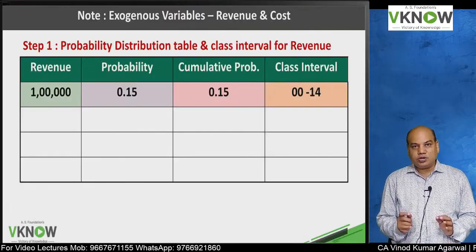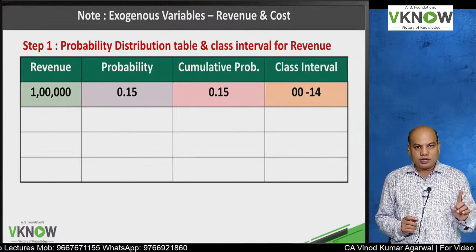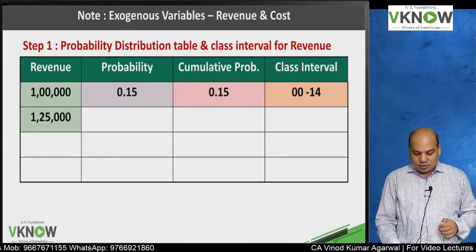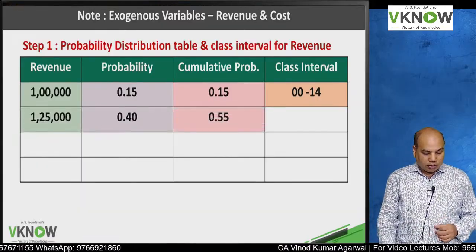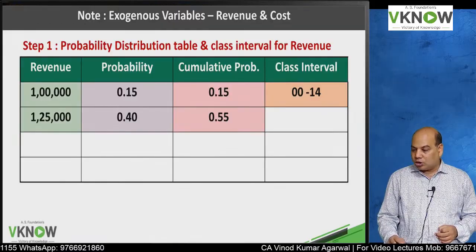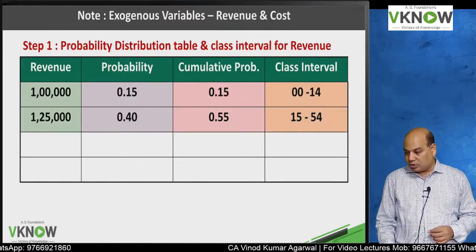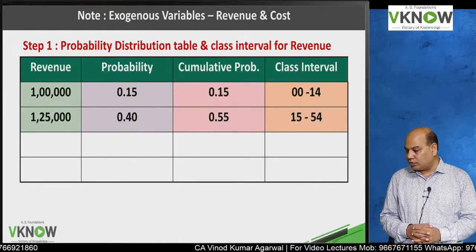Class interval will be 0 to 14. 0 is the first number and next 14 numbers. Very good answer. Next 1,25,000, 0.40. Cumulative will be the total of 0.40 plus 0.15, and the class interval will be 15 to 54.